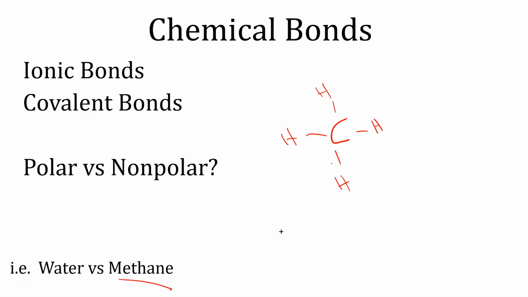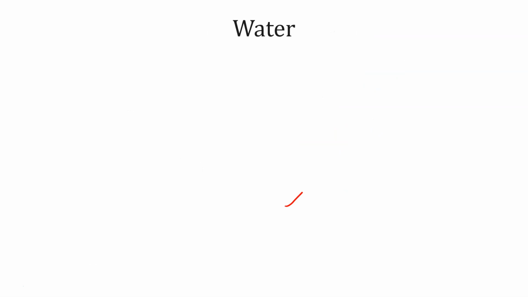Because of that, there is no electrical pull on here. There's never a point where one side of the molecule has a positive charge and the other side has a negative charge. So something like this is called nonpolar. And generally that is the case. Anytime we have carbon binding with hydrogen, nonpolar. Anytime we have oxygen binding with hydrogen, it's going to add some polarity.